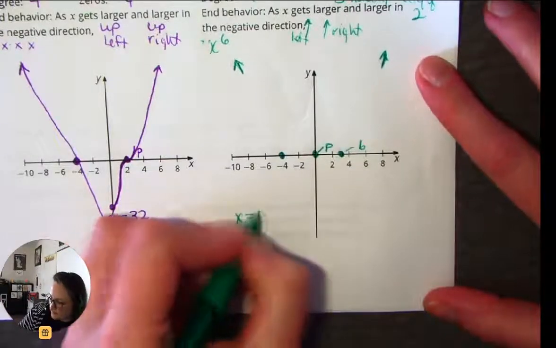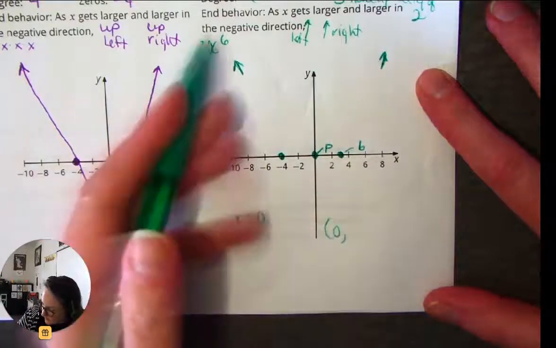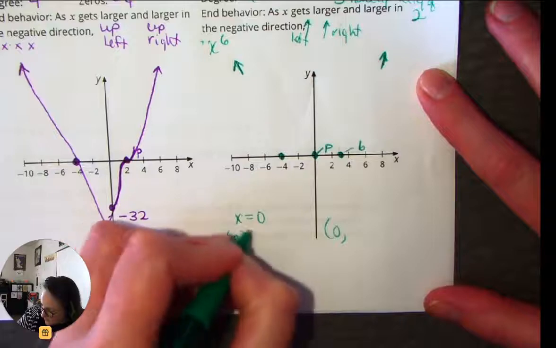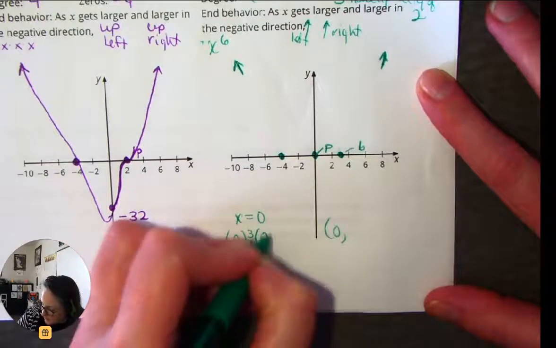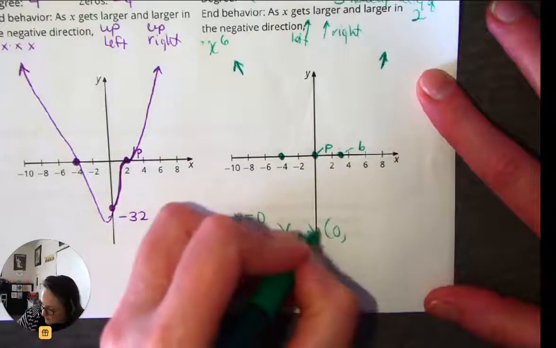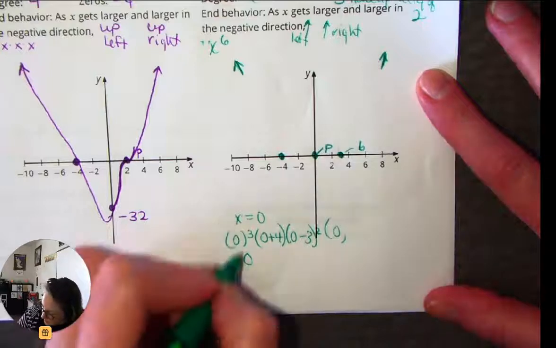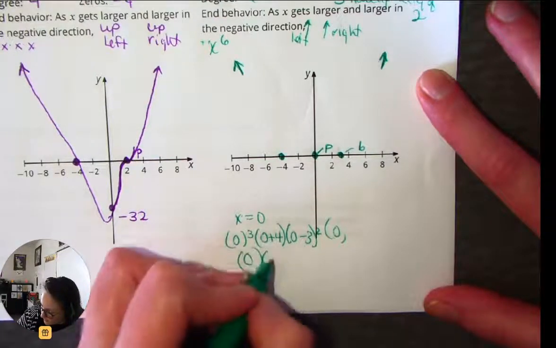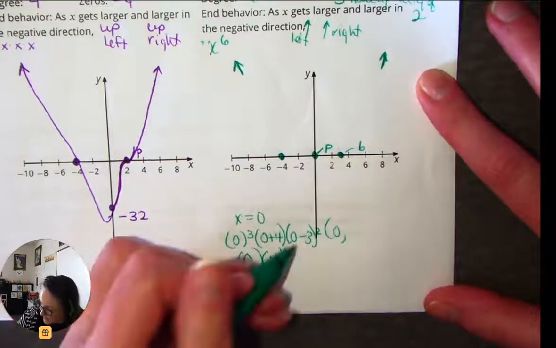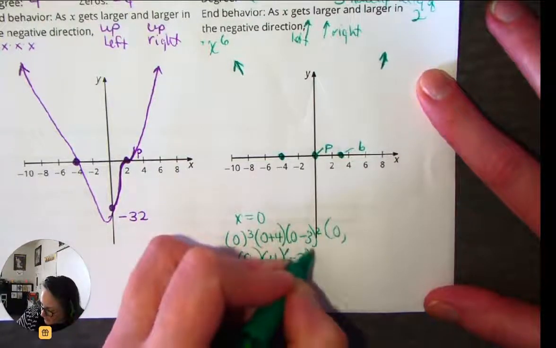When x equals 0, I will have an ordered pair at 0. Let's see, 0 to the third power, 0 plus 4 to the first power, 0 minus 3 squared. 0 times 0 times 0 is 0. 0 plus 4 is 4. 0 minus 3 squared is a negative 3 squared.